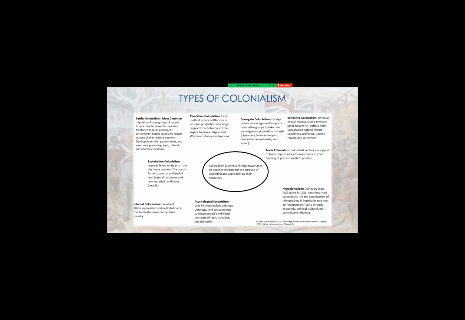Neocolonialism is a part of what decolonial scholars and activists are trying to combat. So even though spaces gained independence from colonial powers, there's still a great deal of colonial influence in those places through the economy, through politics, and through culture, through what we value, how we value, what we know, and how we know it.